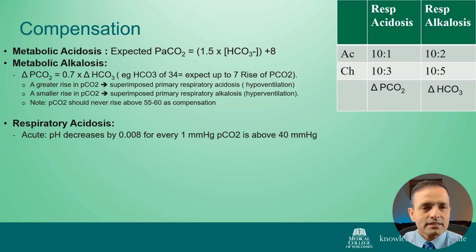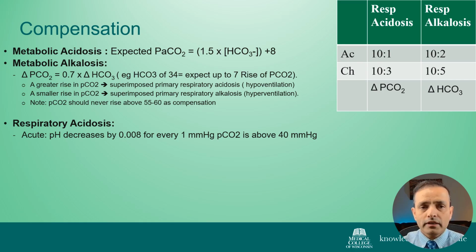So that means that PCO2 of 50 is supposed to bring that pH down to 7.32, because remember 7.40 is a normal pH, and then you expect 0.08 down. So 7.32 pH is explained by that CO2 of 50 millimeter of mercury.